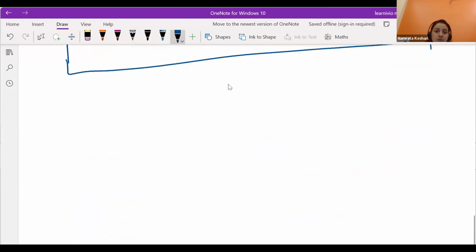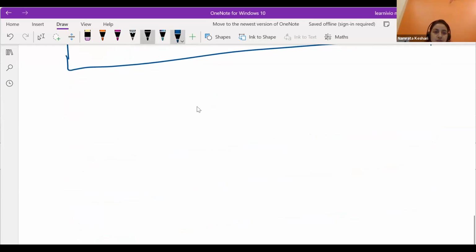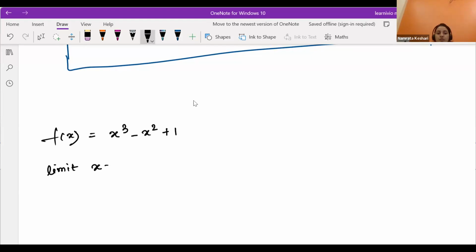Okay, so let's solve few questions first. Suppose we are having the function f of x equals x cube minus x square plus 1, and we have to find the limit of the given function. Limit when x is approaching 1, we have to find at x equals 1.